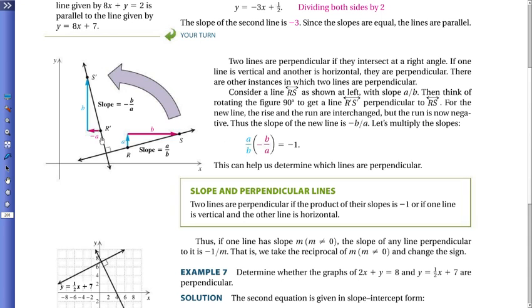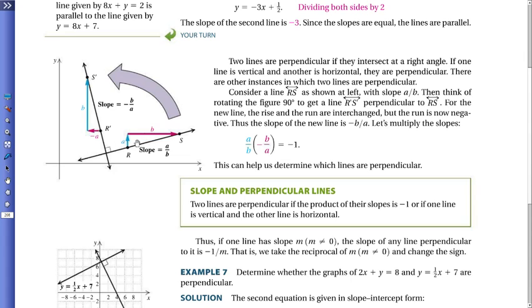There's something I should point out. If you look at this line right here, what is the slope? This is a positive slope, going up as I go from left to right. This one is a negative slope. If they were simply reciprocals of each other, I would have slopes with the same sign, which doesn't happen. If one is positive, its perpendicular is negative, or vice versa.